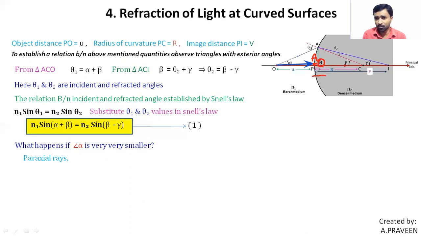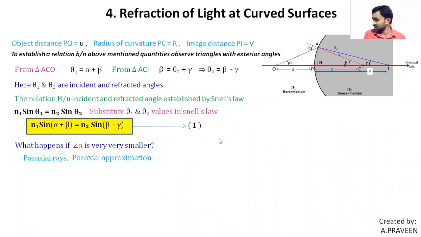It moves towards the pole. Maybe it coincides with the pole also. So they may coincide with each other, right? So this we can approximate. This approximation is called paraxial approximation. So we know what are paraxial rays and what is paraxial approximation, right?